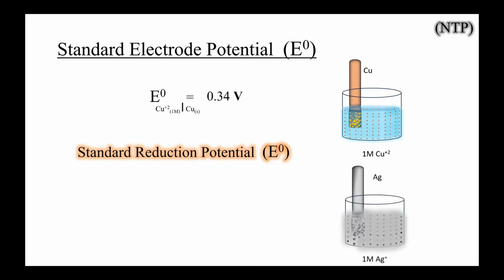Similarly, if we look at the standard reduction potential of the silver electrode, then it is 0.80 volt. It means the standard reduction potential of silver is more than that of the copper electrode. It means silver wants to undergo reduction more than copper.